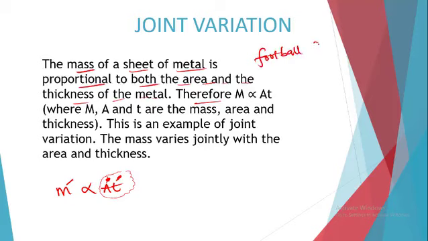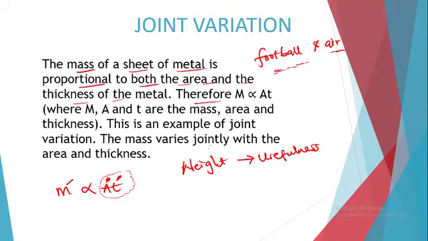Another example is the football and air. Without air, football is useless. When a football is bought, the first thing that is done is to fill it with air. You pump your air in order for the football to be useful. Now, the air in the football determines the weight of the football and also the usefulness of the football.